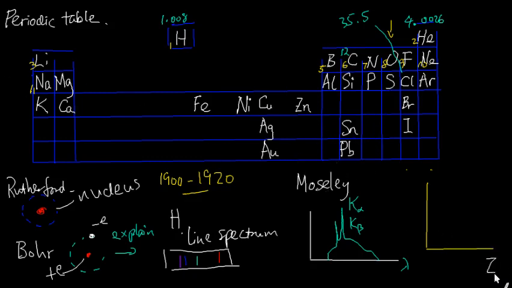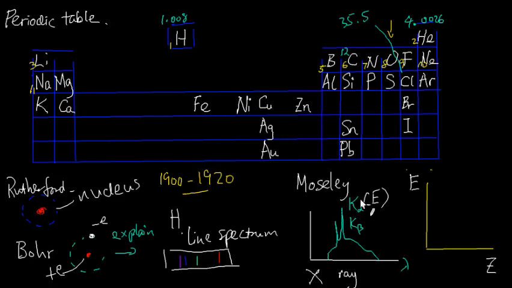right, Moseley used Bohr's equations to calculate the energy of this K alpha line. Let's say that's the energy. So he calculated the energy for the characteristic X-ray spectrum, for each of these elements.